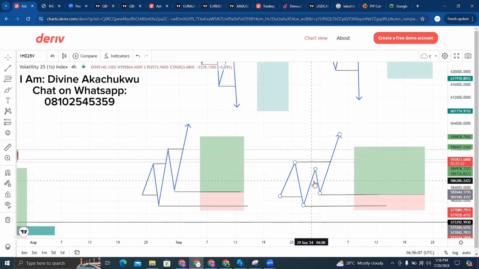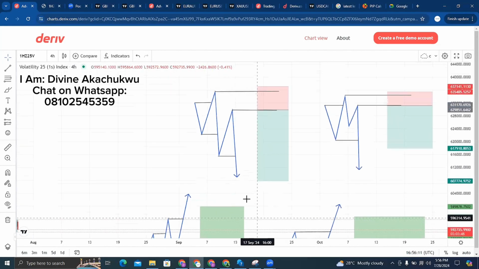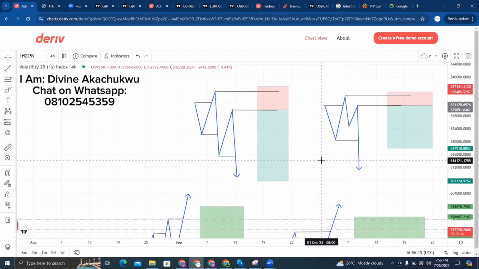And these are the two entry models for sells whenever I want to enter a sell position.